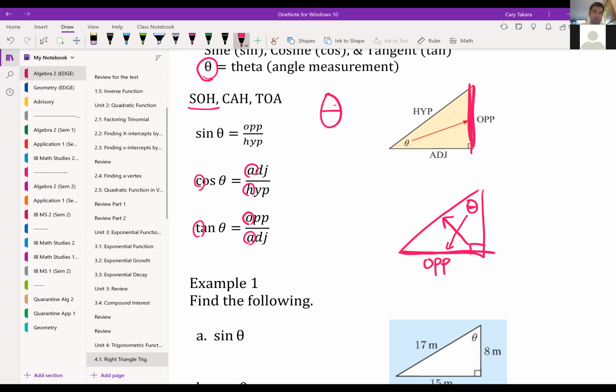Hypotenuse is always across from the 90 degrees, so this is the hypotenuse. And then adjacent is whatever the third side is. Adjacent. Opposite. Hypotenuse. It's a funny word. Does that make sense?